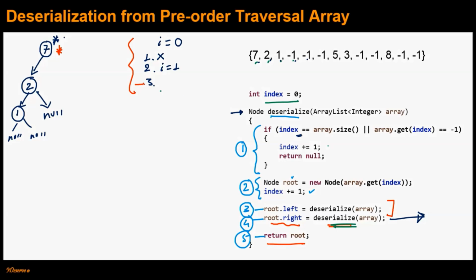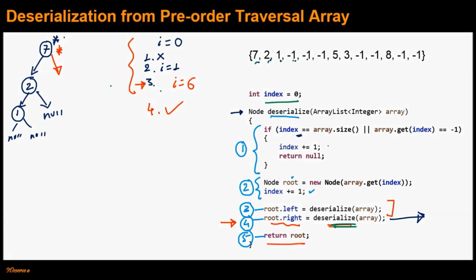3 steps are completely executed now and the value of I at this point is 6. Now we go to the fourth step to construct the right subtree of node 7. In step number 4, a recursive call is made.